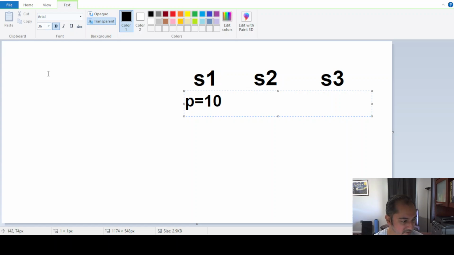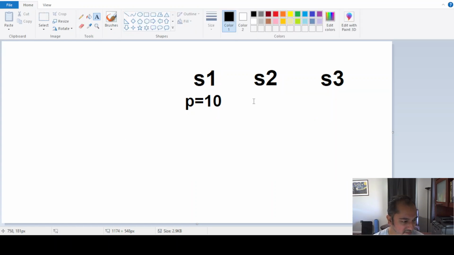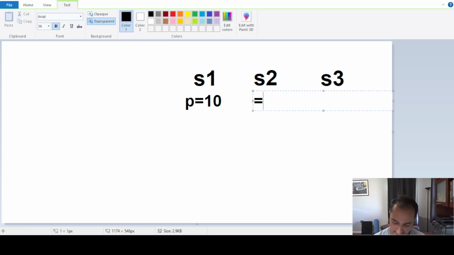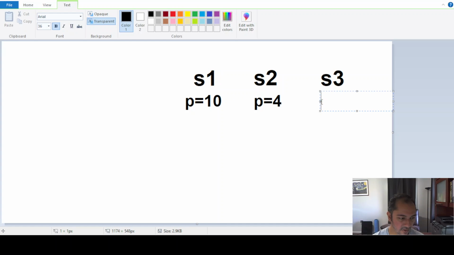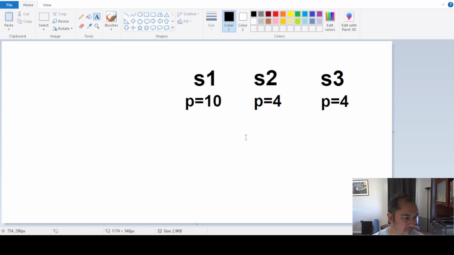We'll keep it simple for our understanding. Let's say the population of this state is 4, and the population of this one is also 4. So we have 3 states. The first state's population is 10. The second and the third state's population is 4.